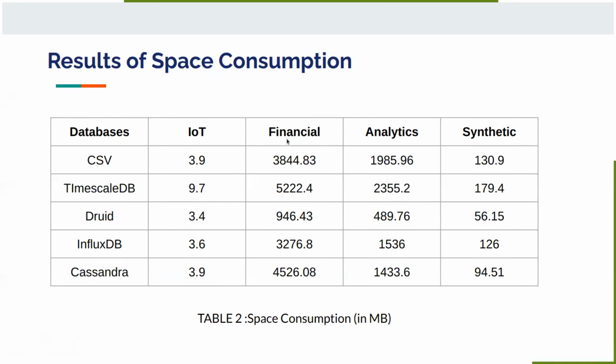Like in the financial data set, the original size is about 4 GB, but Druid only takes around 1 GB to store that data. So we can say that Druid compresses the data to a very high degree. This is the most important thing in time series data.